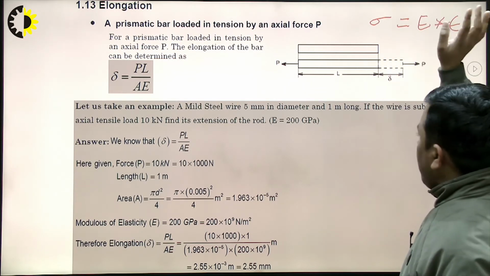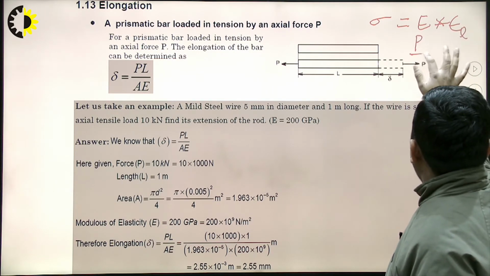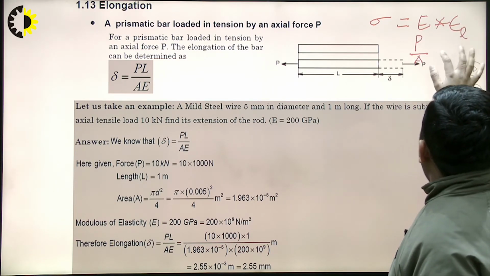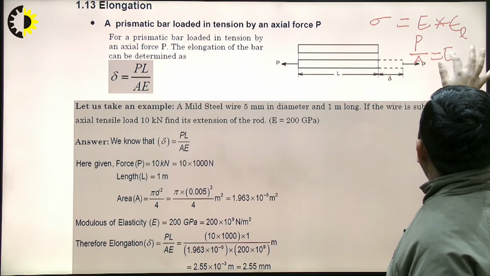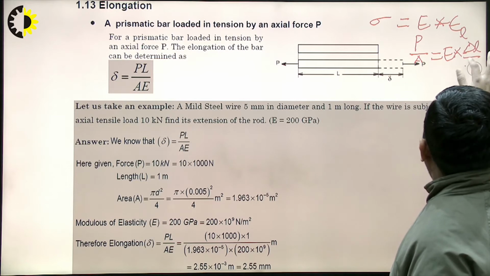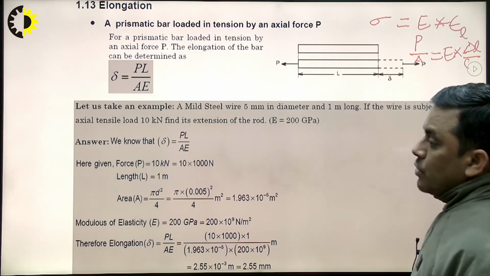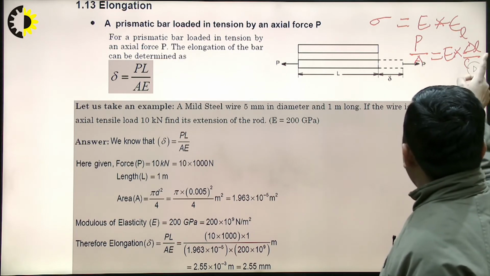Okay. I can write this sigma as P upon A, and it is E times epsilon L, which is delta L upon L.